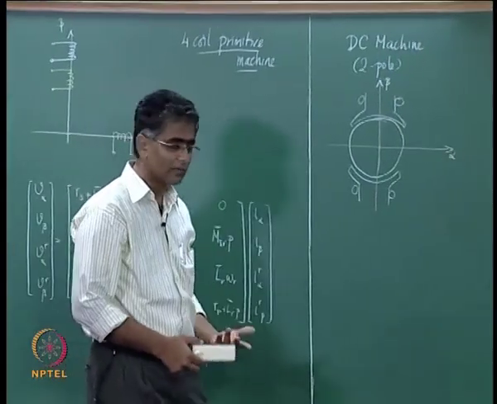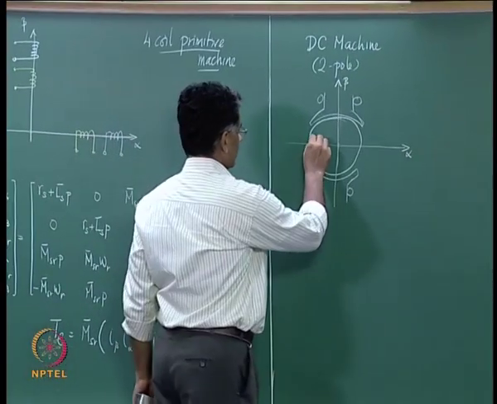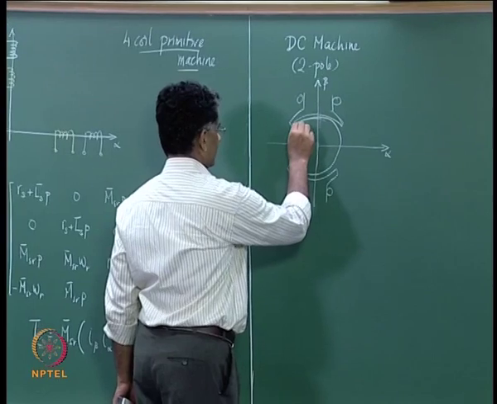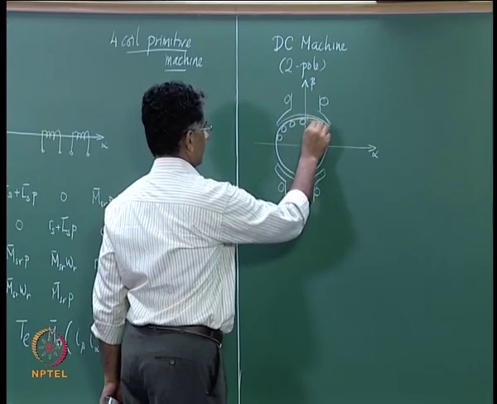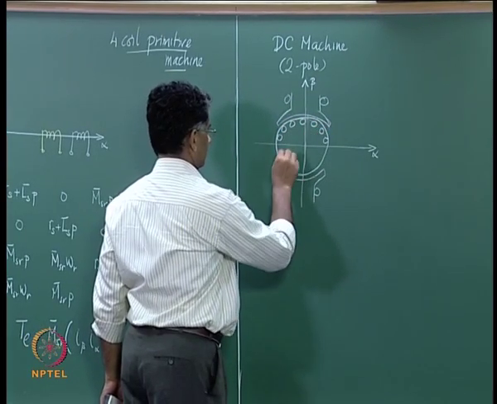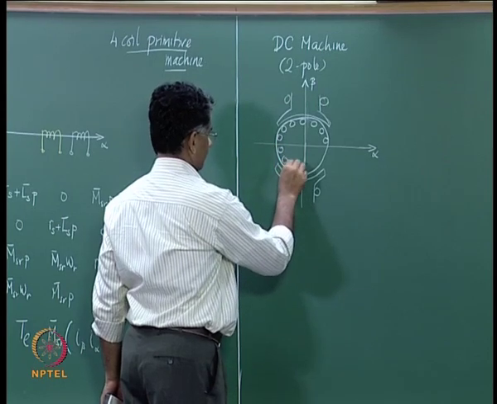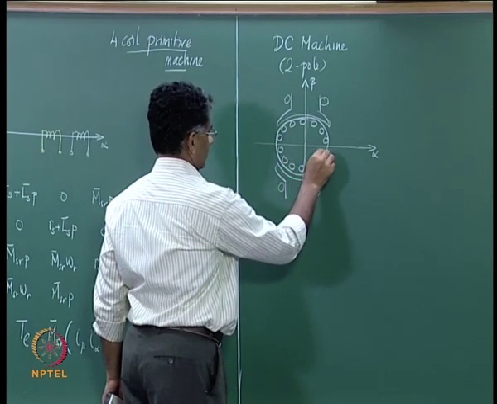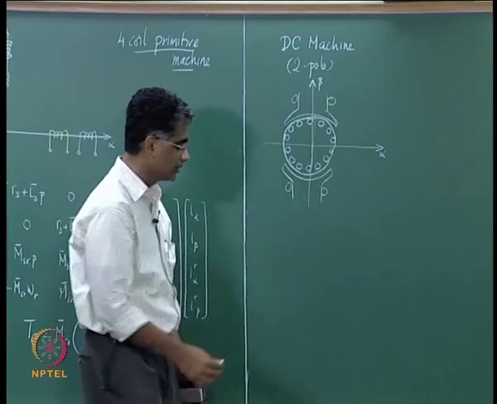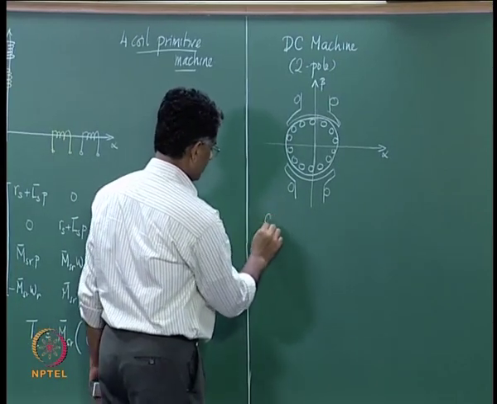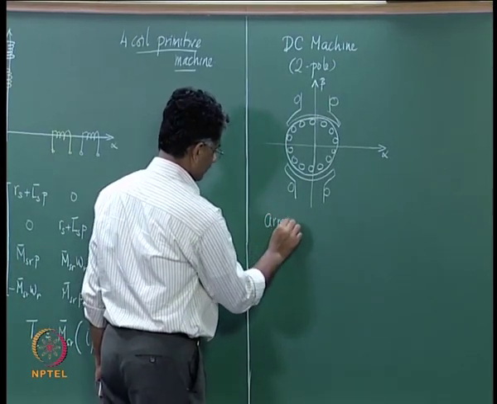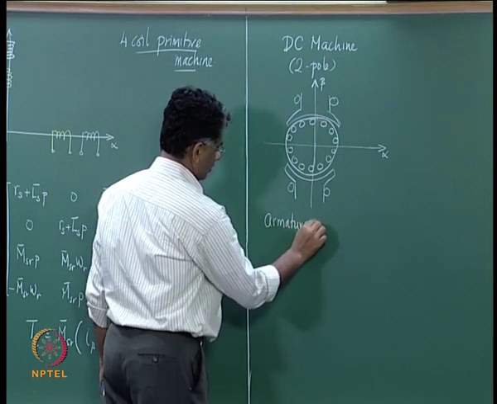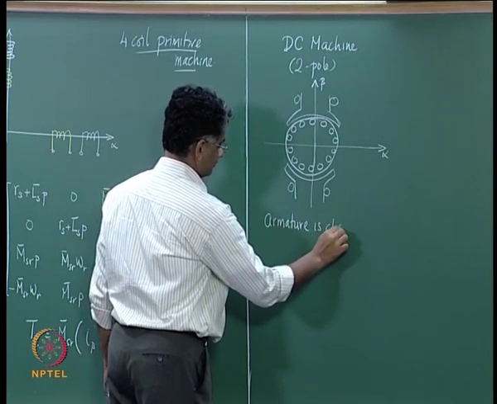If you look at the armature in the DC machine, the armature consists of several conductors. The armature winding in the DC machine is a closed winding.